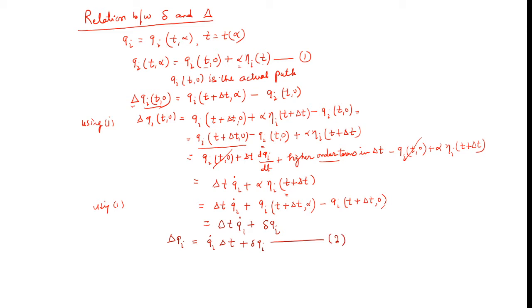But here your qi was the function of t and alpha. Now we'll see what will happen if I have a function f which is depending upon generalized coordinate, generalized velocity and time. So I'll consider a function f of generalized coordinate, generalized velocity and time.